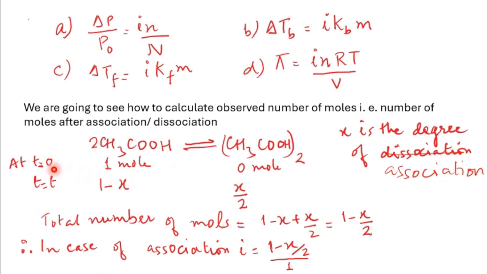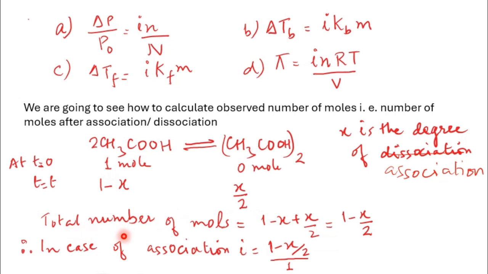Let's see, at time 0, if we take acetic acid 1 mole and dimer is 0 mole. After time t, when equilibrium has been attained, x moles, where x is the degree of association, out of 1 mole undergo association, and therefore the number of moles that will appear by combination of x moles will be x by 2.